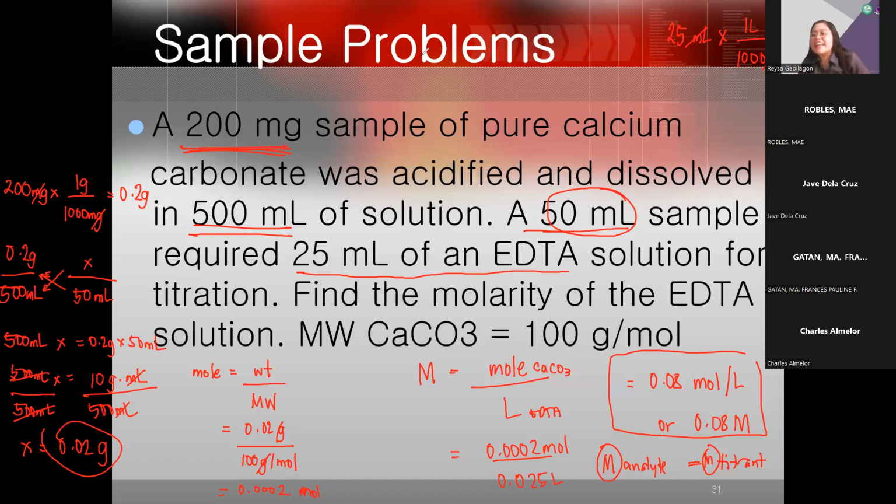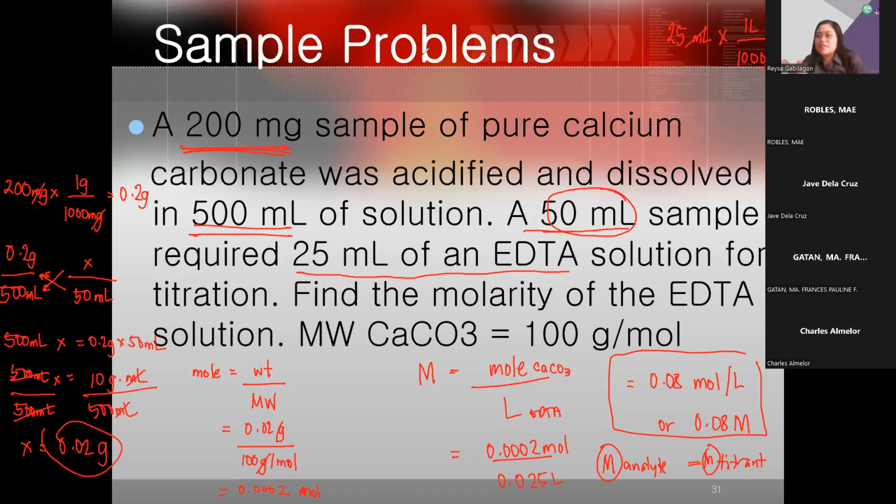When you say analyte, that's the sample. That's the sample that we are analyzing during the titration process. Now, the titrant is the standard solution or the volumetric solution that is added via a burette. That is the solution placed in the burette and added to your sample.